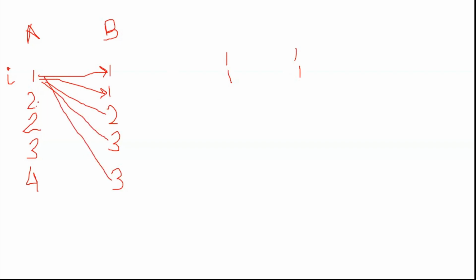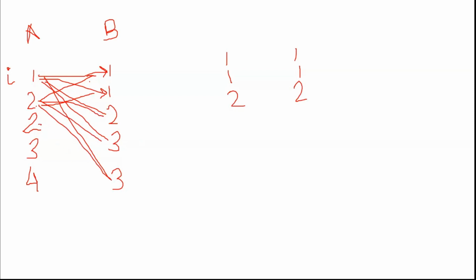Then it starts checking for the second element. Here, no common. Here, again, no common. Here it found a common, so it says 2 is to 2. One more entry is common. The remaining have nothing common.